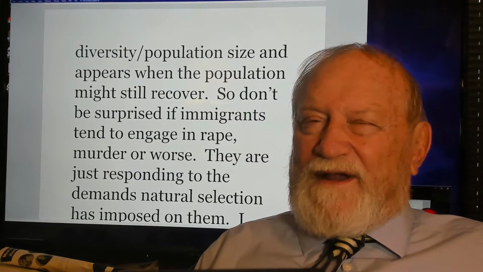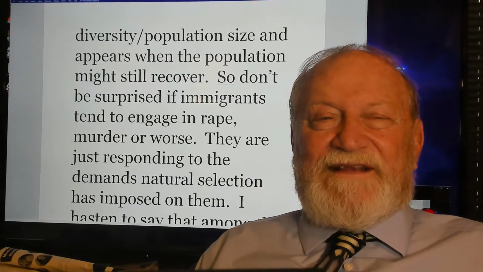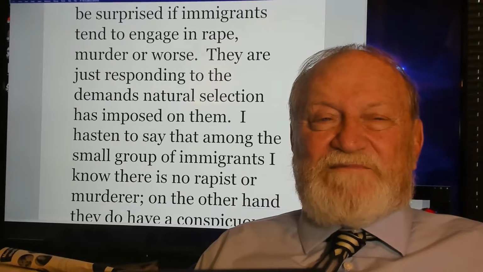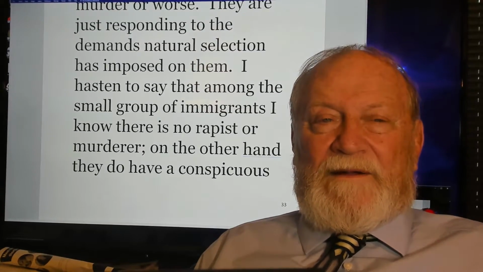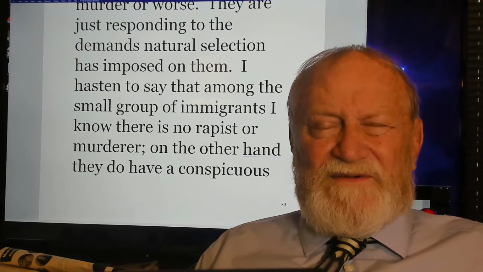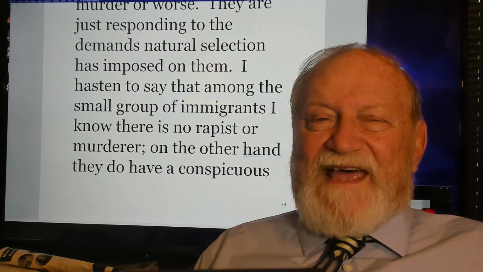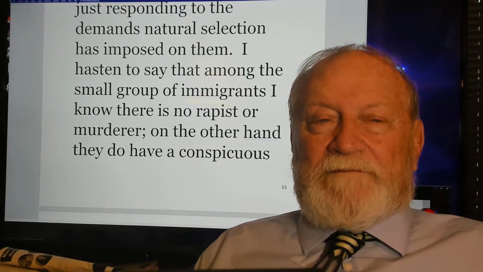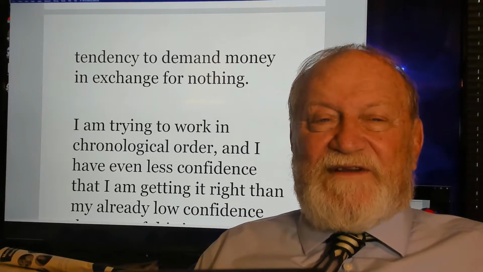It's not quite normal. Don't be surprised if immigrants tend to engage in rape, murder, or worse. They are just responding to the demands natural selection has imposed on them. I hasten to say that among the small group of immigrants I know, there's no rapist or murderer. On the other hand, they do have a conspicuous tendency to demand money in exchange for nothing.